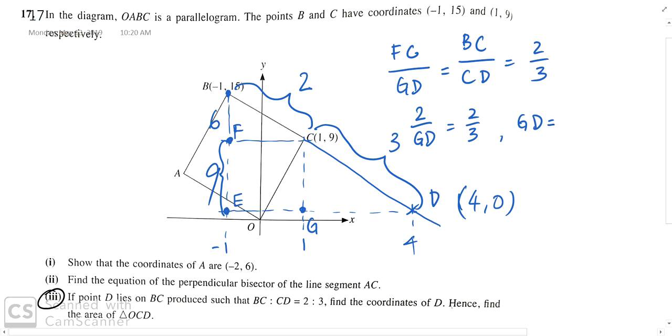GD must be equals to 3 over 2 times 2, which is 3. So GD being 3 units, x coordinate for D, xD, must be equals to 3 plus 1, which is 4. Understand? Is my working clear enough for you? And then you can do the same for the y coordinate.